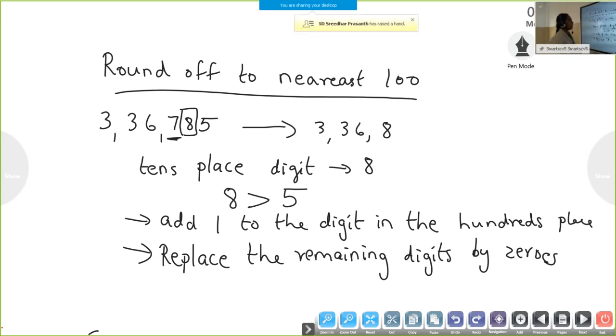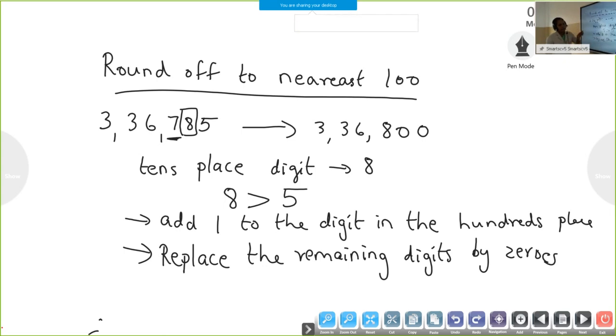How many remaining digits are there? In the tens place we have a digit and in the ones place we have a digit. No need to look at them again, just put zeros there. Is that clear? So if we need to round off to the nearest 100, just underline the digit in the hundreds place.